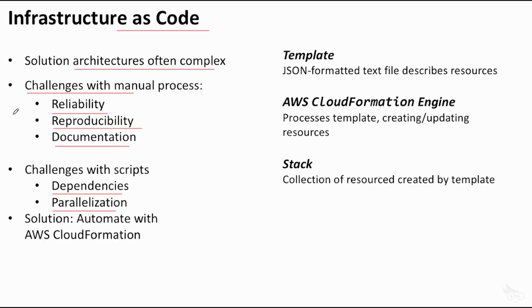So the solution to all of that, the solution to the challenges of a manual process, the challenges of human error factors, the solution to the challenges with scripts is to automate with AWS CloudFormation. CloudFormation gives us the ability to write what we call templates, which are just JSON formatted text files that we can and should put into source control.